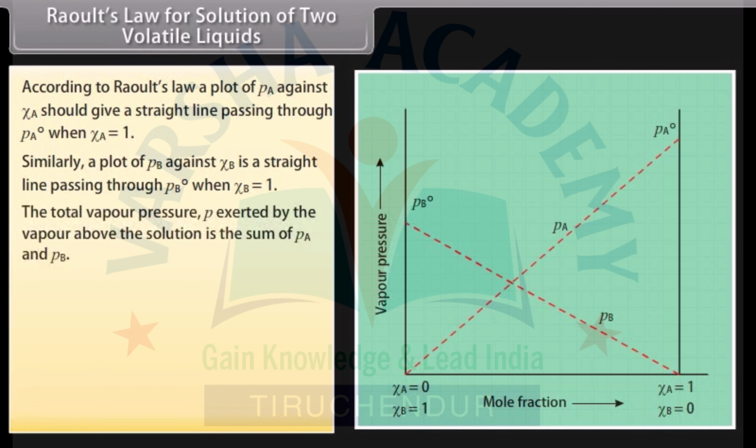The total vapor pressure, P, exerted by the vapor above the solution is the sum of PA and PB. P is equal to PA plus PB.